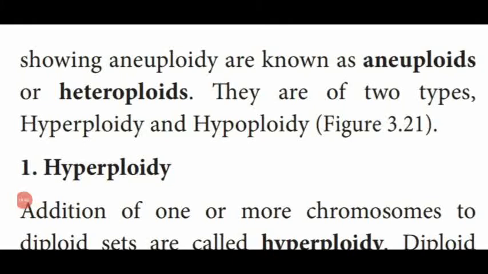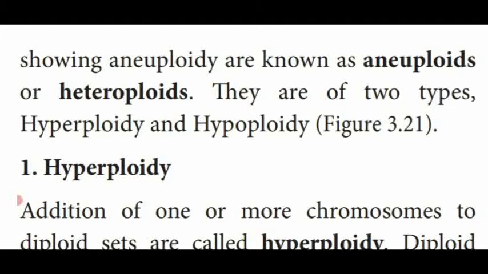The organisms which show aneuploidy are known as aneuploids or heteroploids. These aneuploids or heteroploids are divided into two types: hyperploidy and hypoploidy.